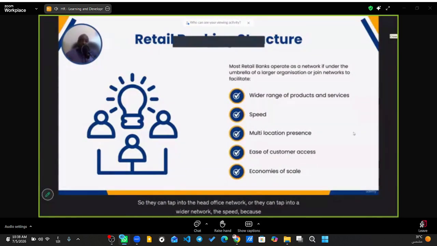Other reasons are that they can see people one-on-one, multi-location presence, like we've mentioned, the ease of customer access, and economies of scale, where they can gather things together and get the benefit of buying large.